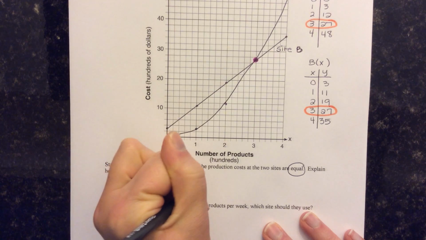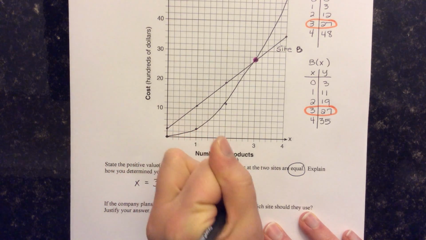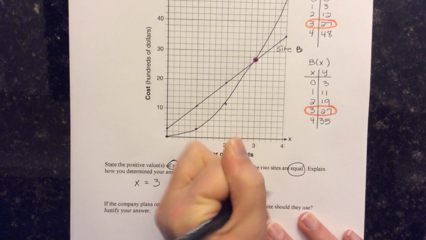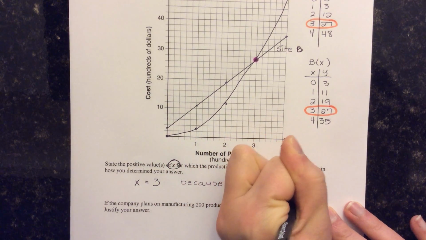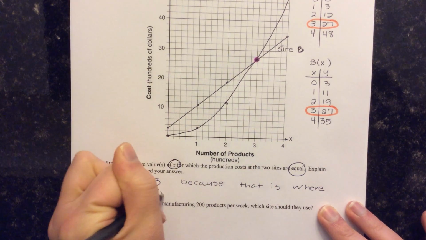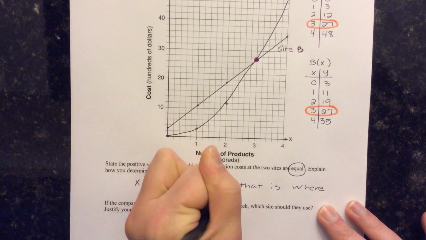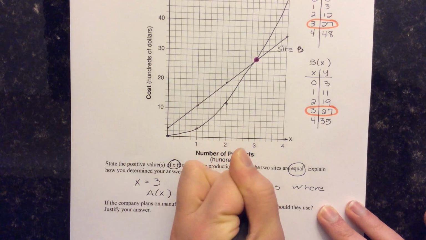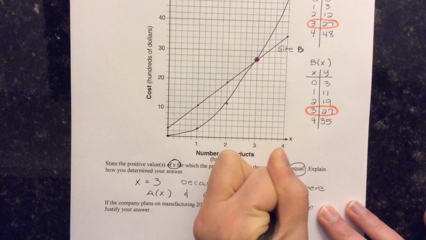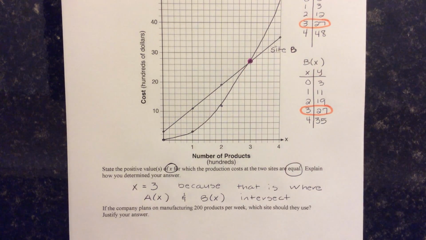It's because that is where a of x and b of x intersect. Right? That's how I knew it was 3, because they intersect there.